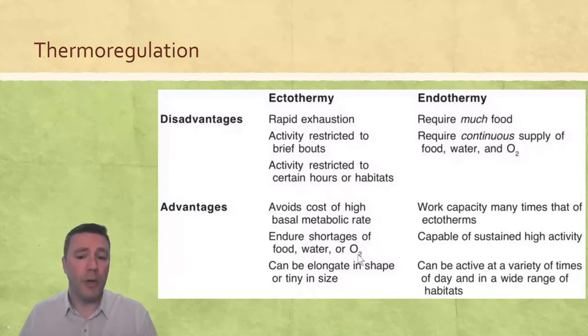Being an ectotherm, though, does give you an advantage of being able to endure longer bouts without food or water or even low oxygen content. But being an endotherm means that you can sustain high levels of activity and you're not limited as to what time of day you can be active.